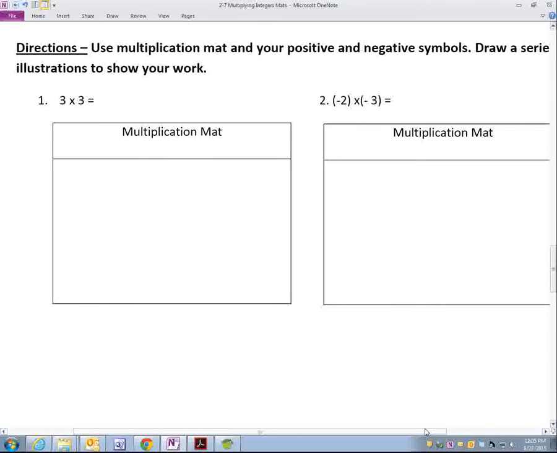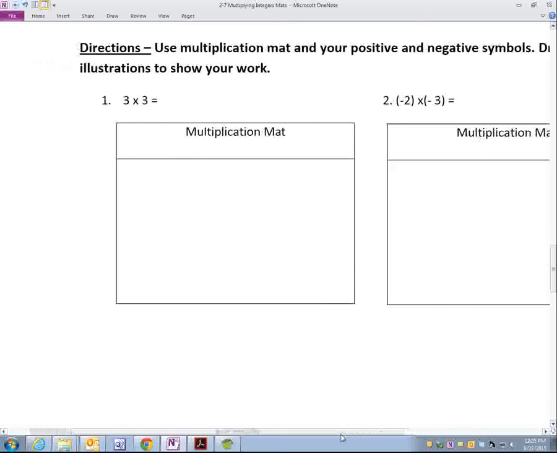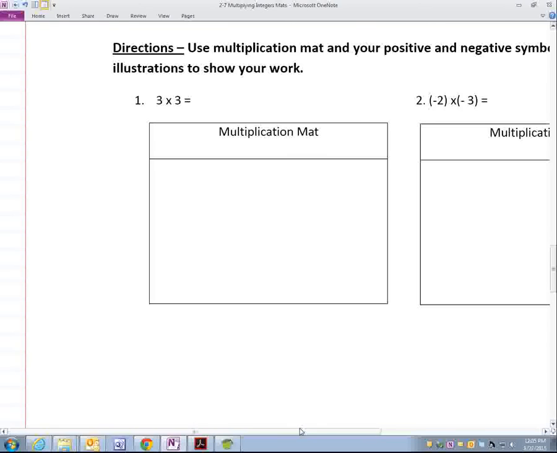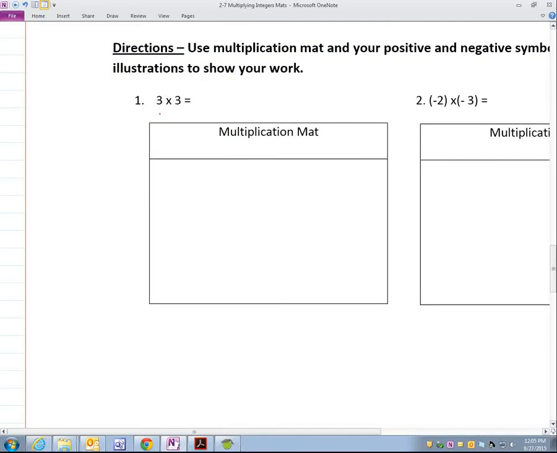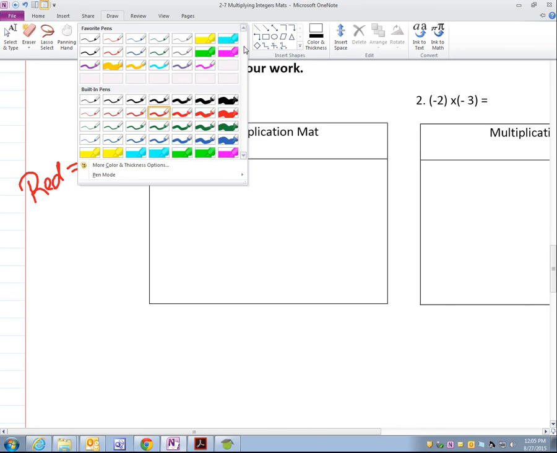Examples. Use multiplication mat and your positive and negative symbols to draw a series of illustrations to show your work. I'm going to choose red as negative, and I'm going to choose a much lighter color.